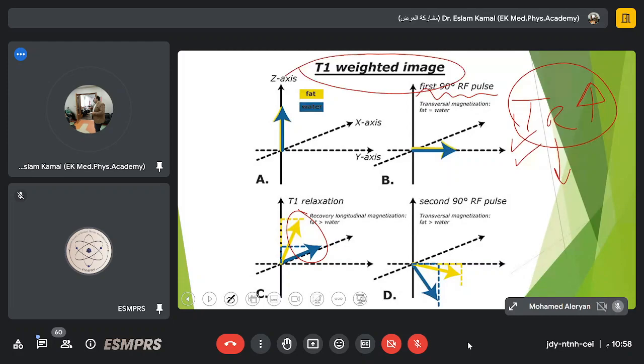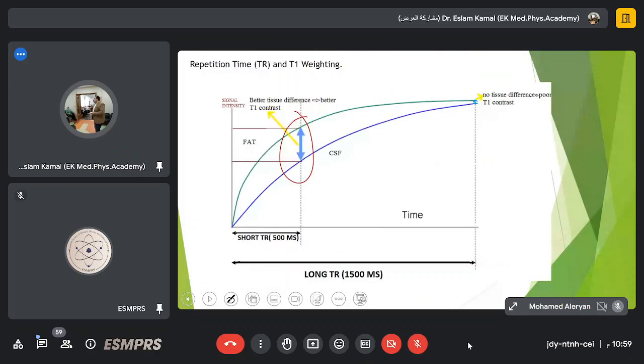As you can see here, this curve represents the recovery of fat and CSF, which represents water. At short TR, you can get the maximum difference between fat and water in longitudinal magnetization.